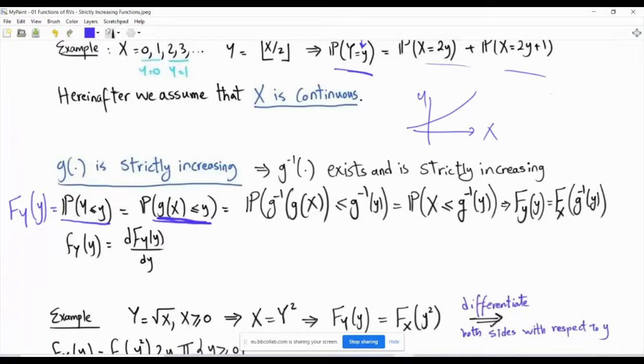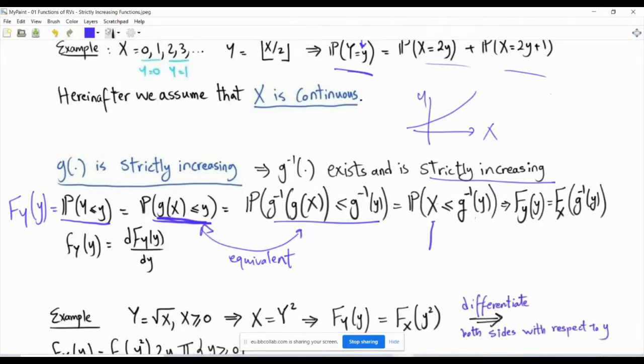Nothing will change. So here we will apply the inverse function of g to both sides. Since it is strictly increasing, these two events are equivalent, and the probabilities will be equal. Now, if you apply the inverse of a function to the function, you get X. So g inverse of g of X, by the definition of the inverse of a function, gives you X.